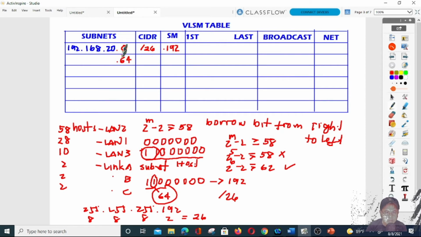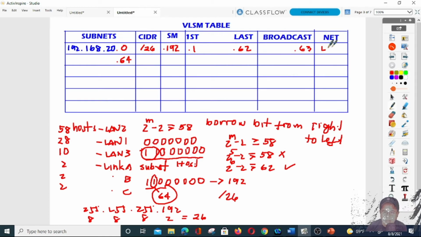From this range, 0 to 64, what is our first usable network? This is .1, up to .62. This is the valid usable host, because the number before the next subnet will be our broadcast. Our broadcast here is 63. 192.168.20 will not change.